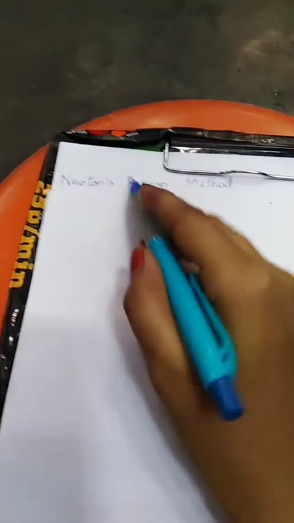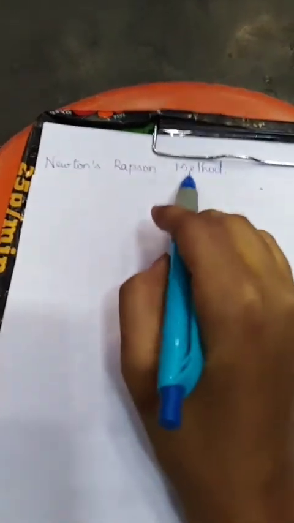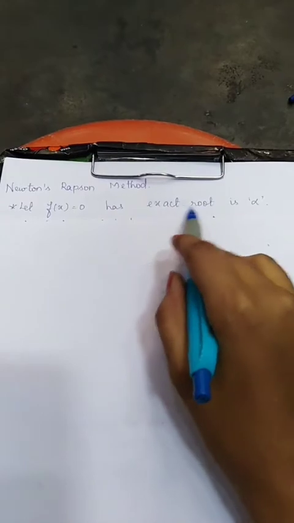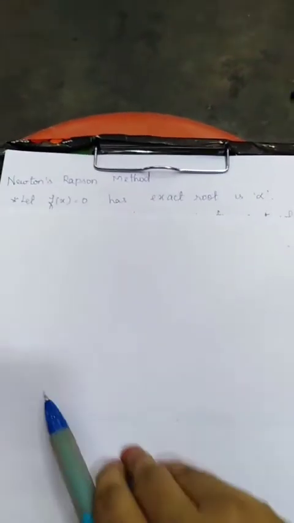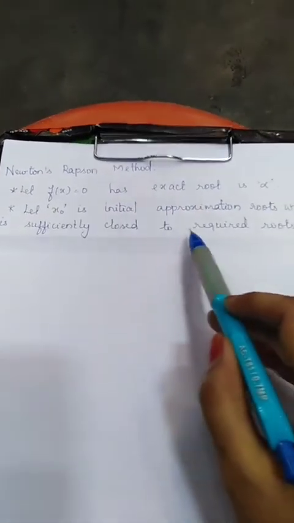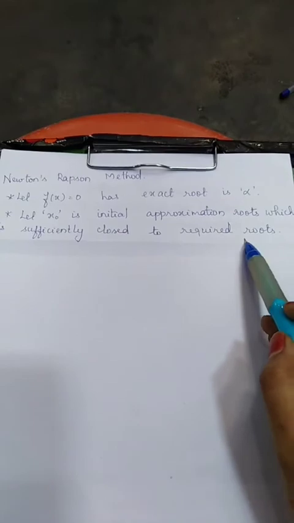Now we can briefly learn about Newton-Raphson method. Step 1: given function is f(x) = 0. The exact root is alpha. Step 2: let the initial approximation root be x0, which is sufficiently close to the required root.